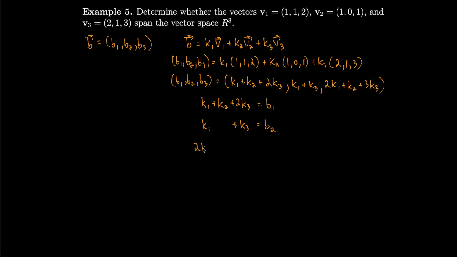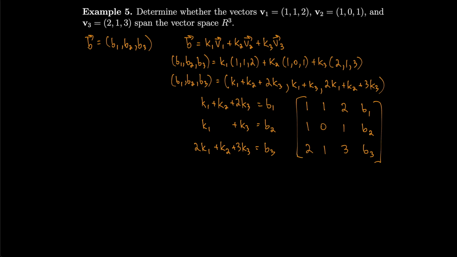And we must have that 2k1 plus k2 plus 3k3 has to equal b3. So that gives us the augmented matrix 1, 1, 2, b1, 1, 0, 1, b2, 2, 1, 3, b3.